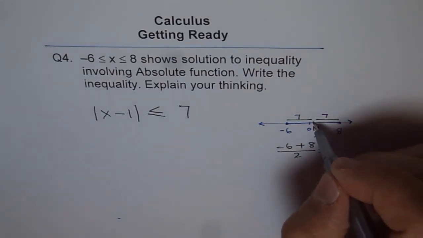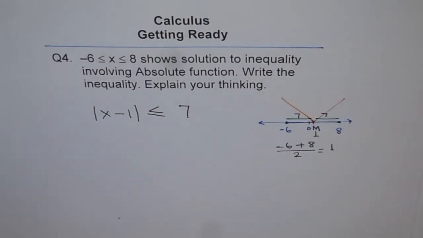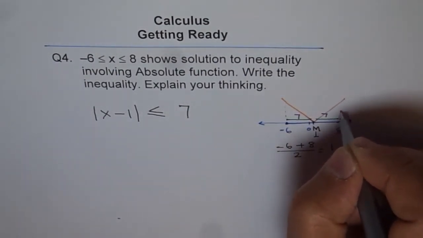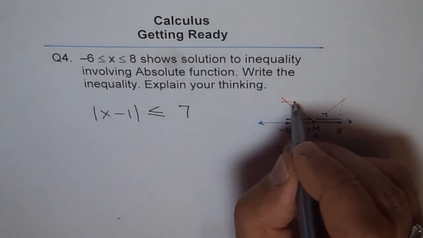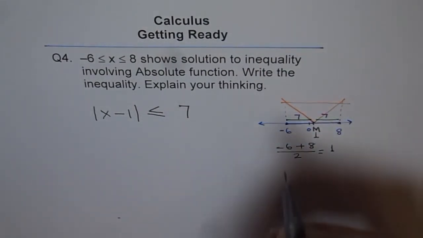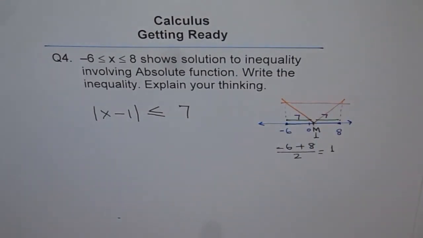So we have the absolute function now here, something like this. Do you see that? That is our absolute function. And this indicates also 7 because absolute x is 7. So we are looking for a solution which is within this range. Do you see that? Within 7 away from the center. And our function therefore is absolute value of x minus 1 less than or equal to 7.